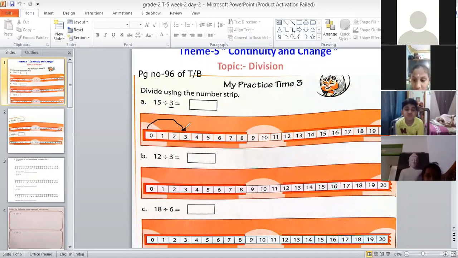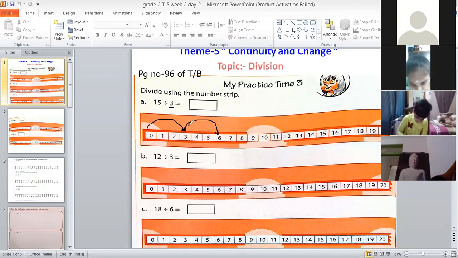Now from this 3, again count 3 numbers forward. We'll reach number 4, 5, and 6. Now after 6, again you have to count forward how many steps? 3 steps.